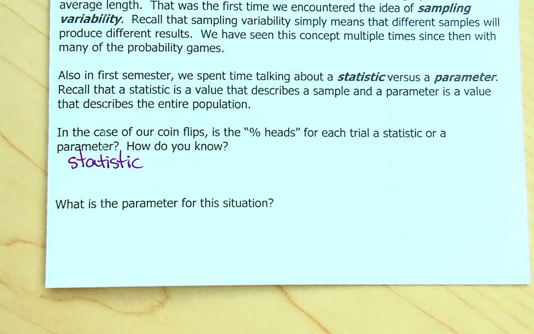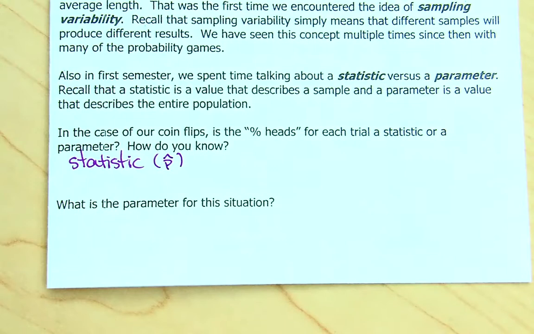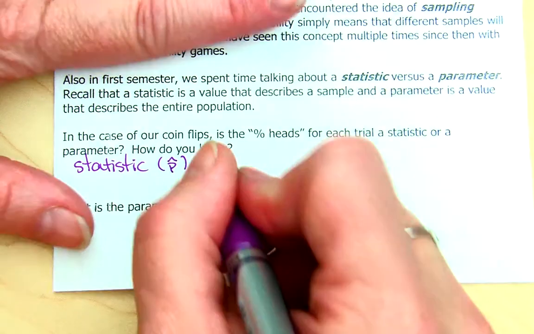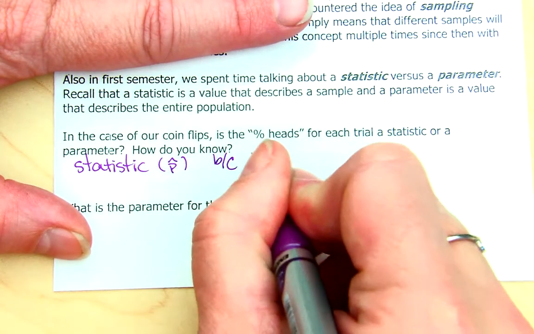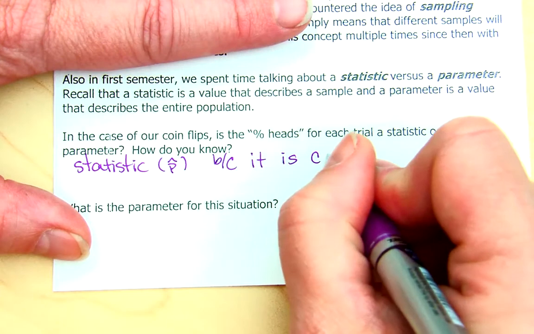Each of those dots that we put on the graph is a statistic. Specifically, this would be p hat, because we're estimating a proportion. It is calculated from a sample of coin flips.